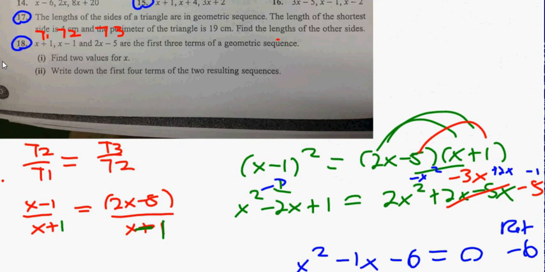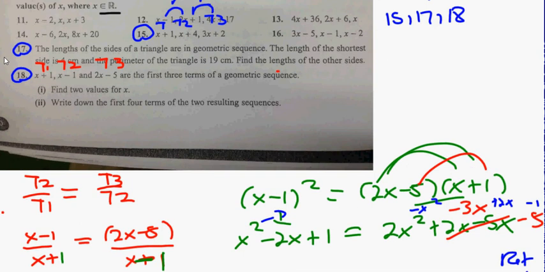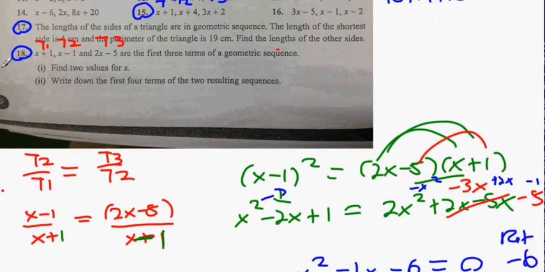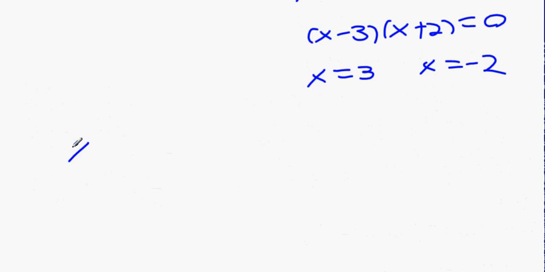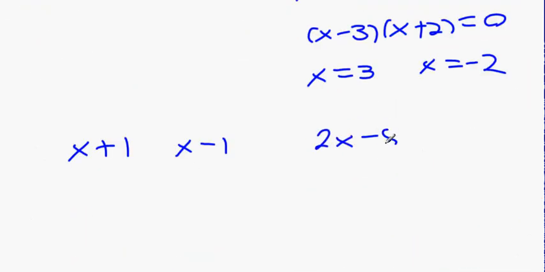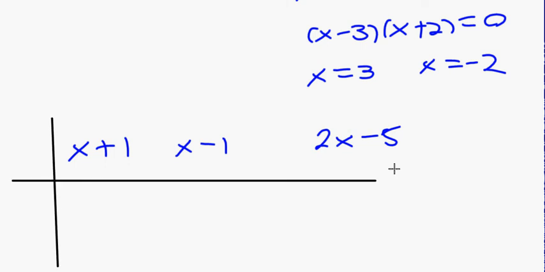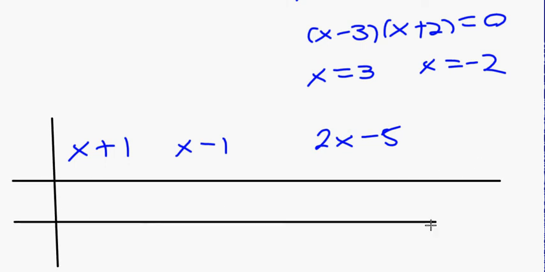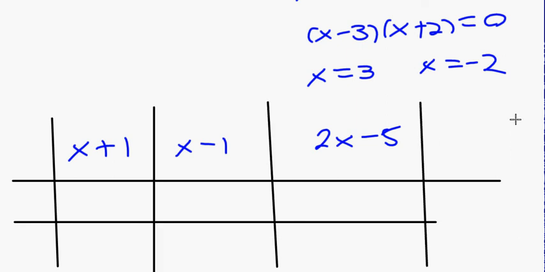Now what it's asking me to do next is write down the first 4 terms of the 2 resultant sequences. So we have x plus 1, x minus 1, and 2x minus 5. Need to put in my 2 numbers and get the 4th term as well. So these are the first 3 terms, T1, T2, T3, and now I want to find out what T4 is.